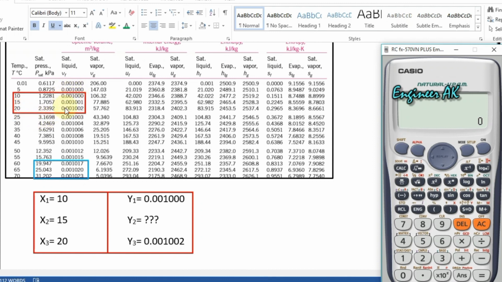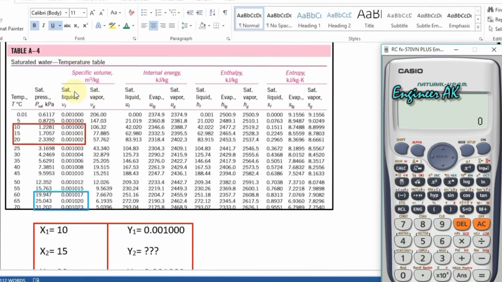Let's suppose we want to find the specific volume of saturated liquid at 15 degrees, and suppose this is not given. We are given two values: at 10 we have this, at 20 we have this, and we want to find the value at 15.